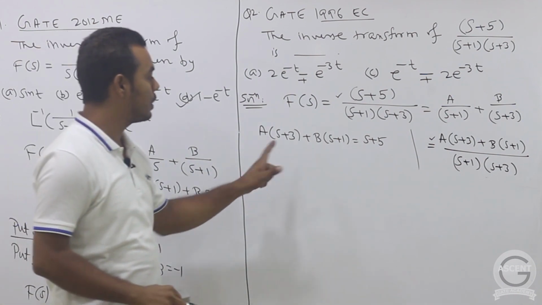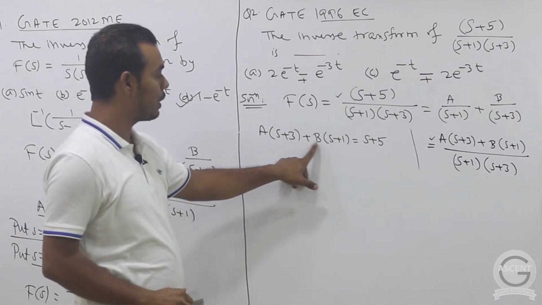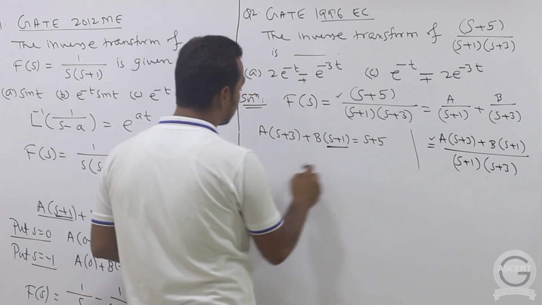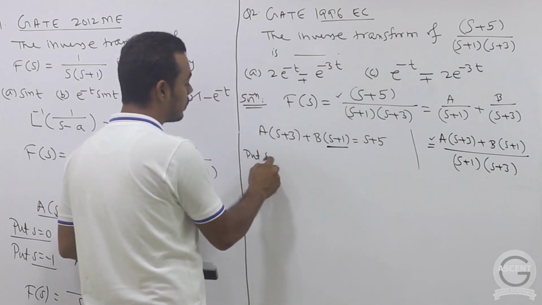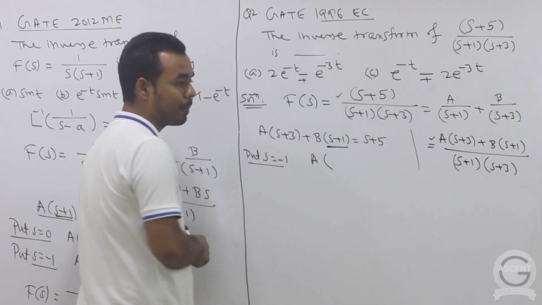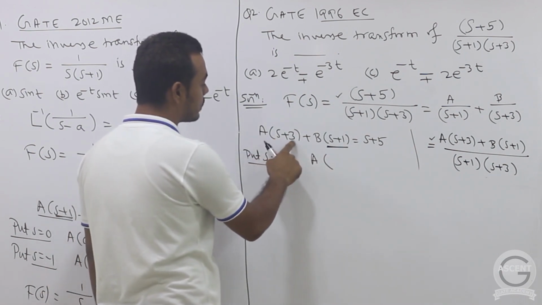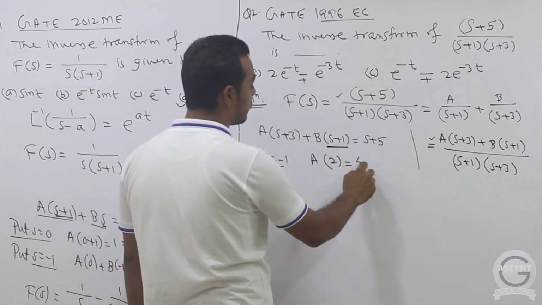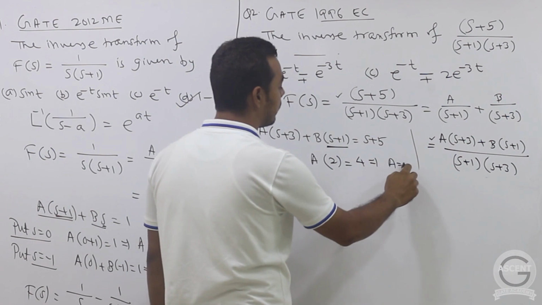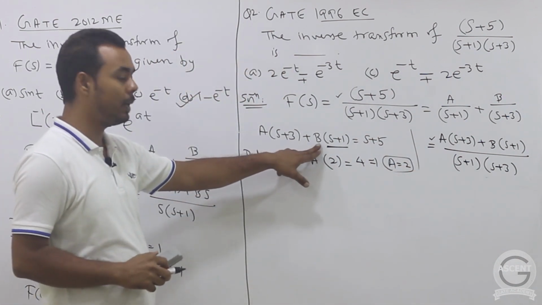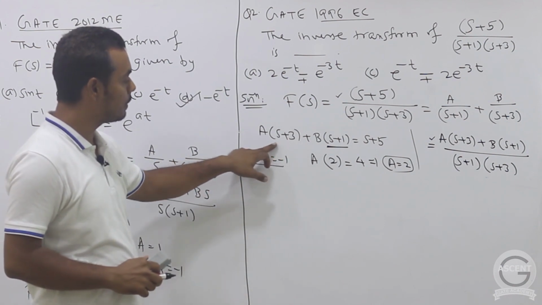So again by substituting different values of s, we have to calculate the value of a and b. So if I substitute s plus 1 equals to 0, meaning s equals to minus 1, then this term will become 0, and we will get the value of a. So a into (minus 1 plus 3), this will be 2, and this will be minus 1 plus 5, 4, which means the value of a is 2. Now we need to calculate the value of b, for which we can make this term 0.